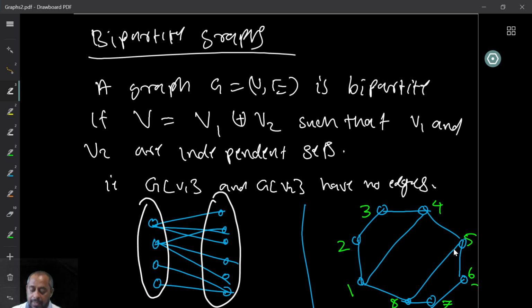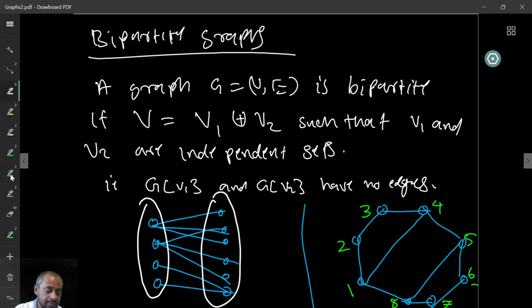Similarly, the graph represented on the right side is also a bipartite graph. You can verify this by decomposing it into two independent sets. So just look at the odd numbered vertices, put them into one set. Look at the even numbered vertices, put them into another set. You will see that they are independent.